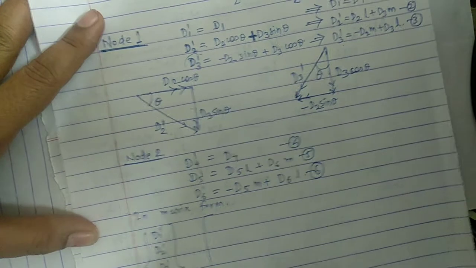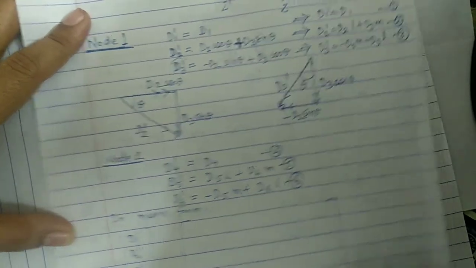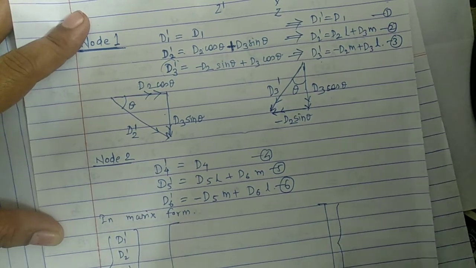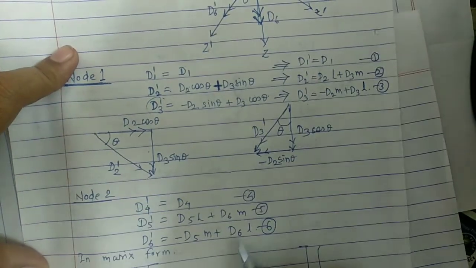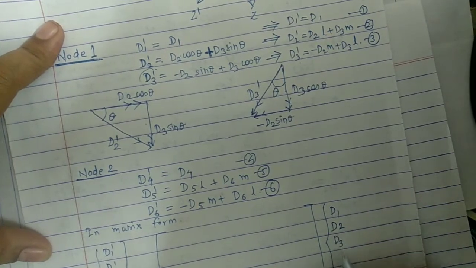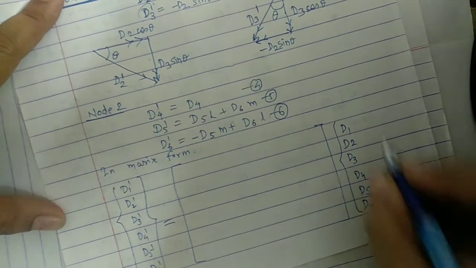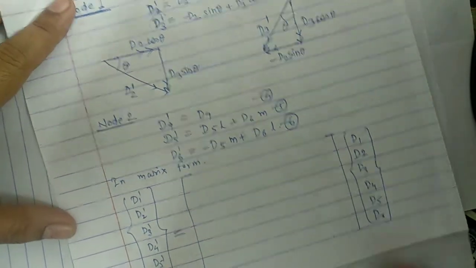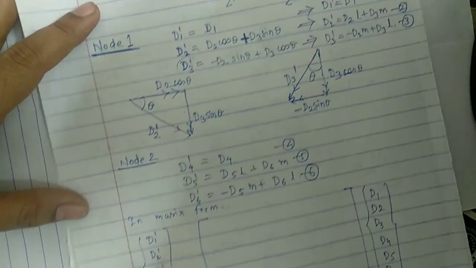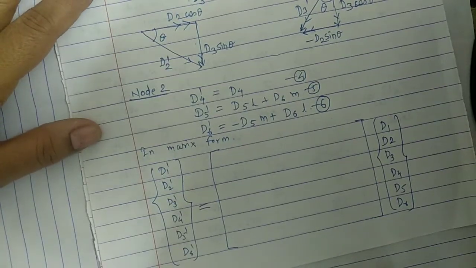Now there will be a coefficient matrix of order 6 by 6 because 6 equations are there, so 6 coefficients, into the variables d1 d2 d3 d4 d5 and d6. Okay, so this way you have to write that.